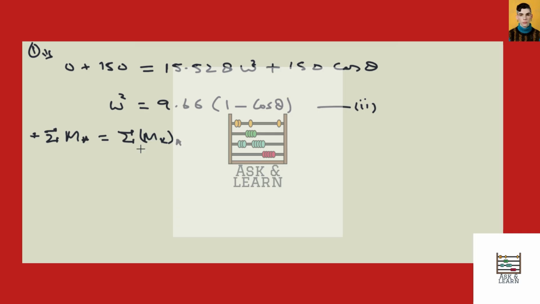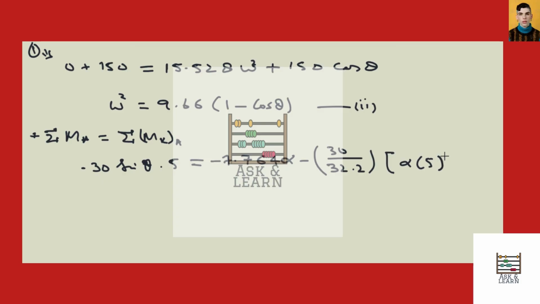So this yields that minus 30 sine theta dot 5 is equal to minus 7.764 alpha, this alpha is the angular acceleration, minus 30 divided by 32.2, this is the mass, into alpha into 5 into 5.